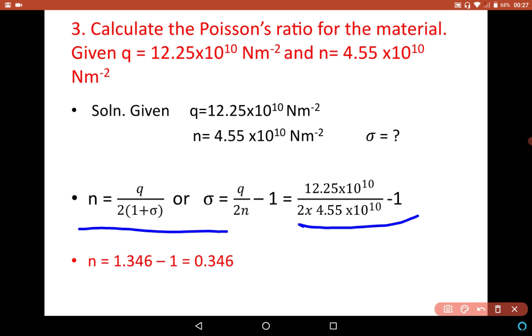Substituting the values here, Q value is 12.25 into 10 power 10 divided by 2N, 2 into 4.55 into 10 power 10, minus 1. Then the value is 1.346 minus 1. Therefore, it is not N, it is sigma actually. Sigma is equal to 0.346 and it has no unit.